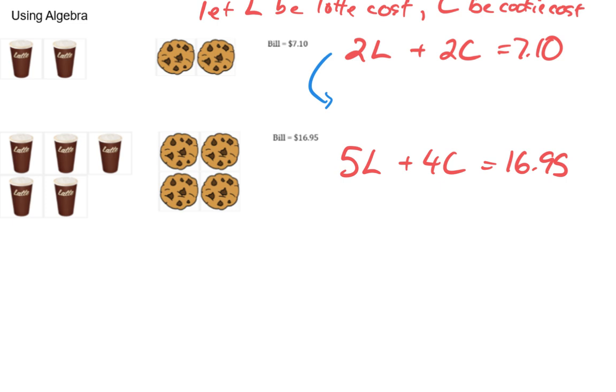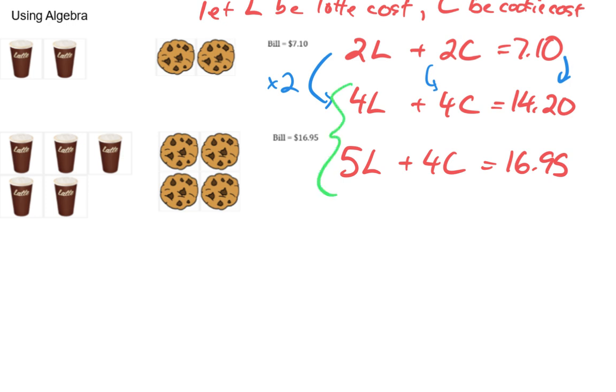So we took all of this stuff and we multiplied it by 2. So our 2 lattes became 4 lattes. Our 2 cookies, again multiplying by 2, became 4 cookies. And our $7.10 became $14.20. And it's these 2 equations right here that we're going to use to do our solving.